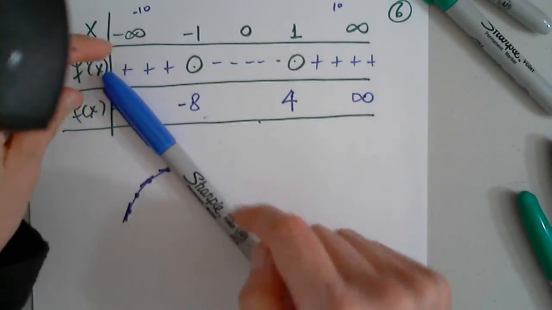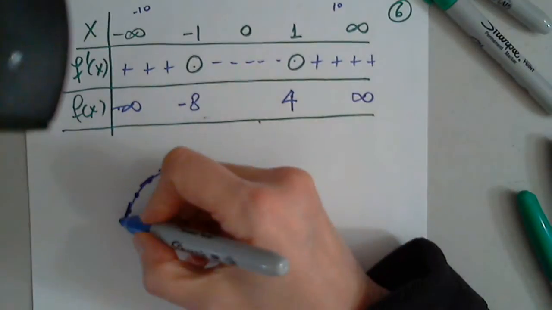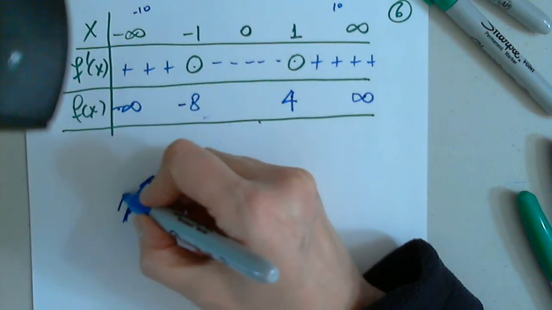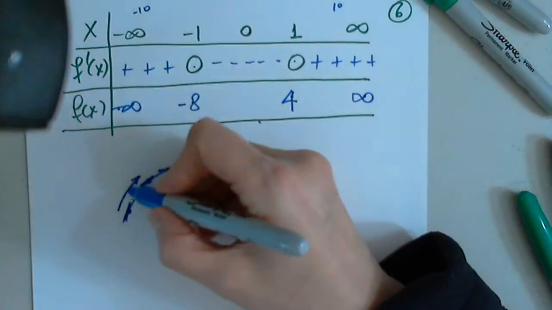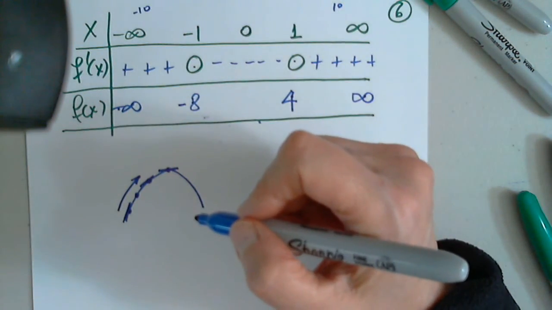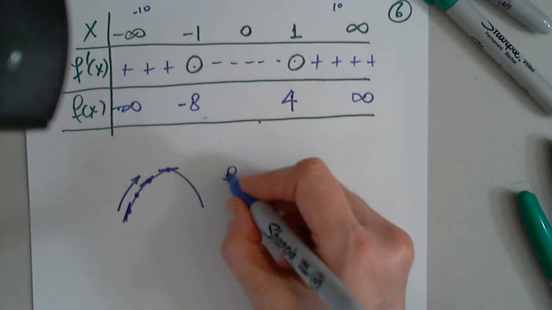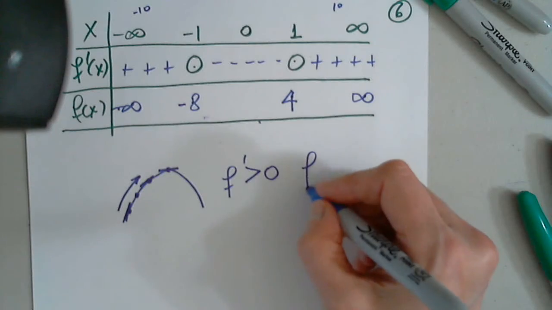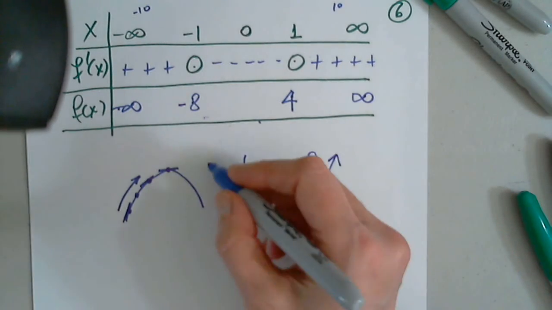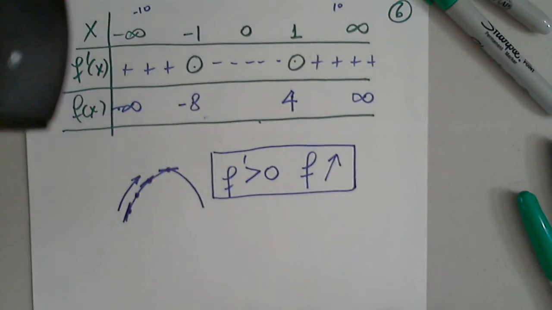Lines like these have a negative slope. So every time the derivative is positive, what is the function doing? Increasing? Yes. So f prime positive, f is increasing. F prime positive, f is increasing.